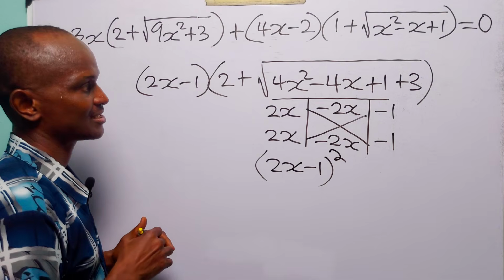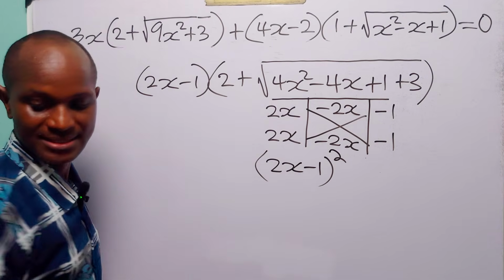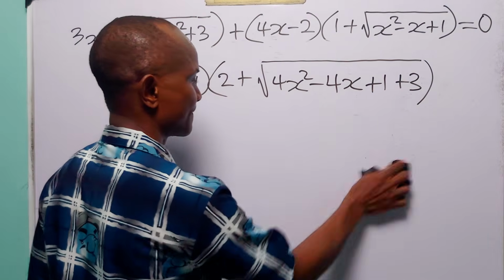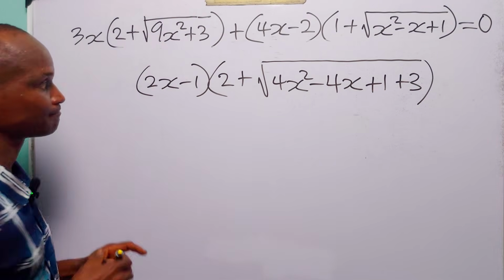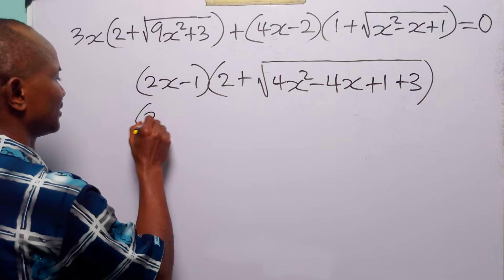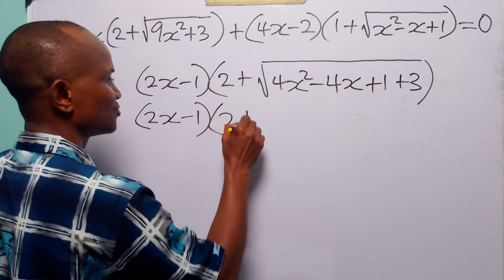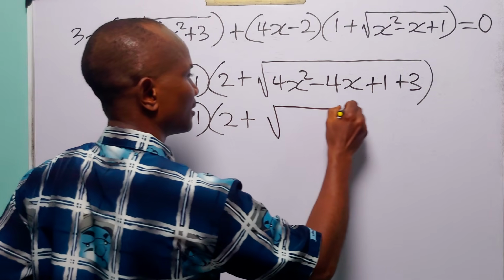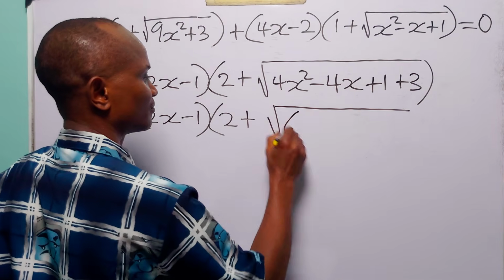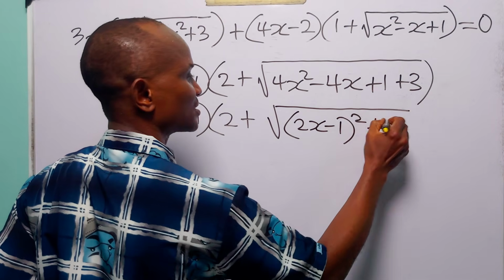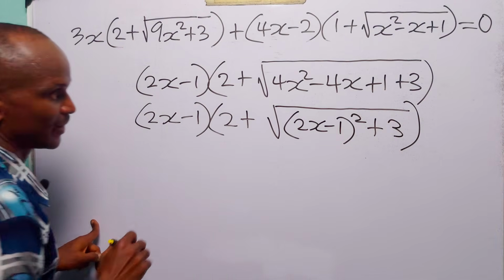And this means that we can now write this as 2x minus 1 times 2 plus the square root of 2x minus 1 squared plus 3.